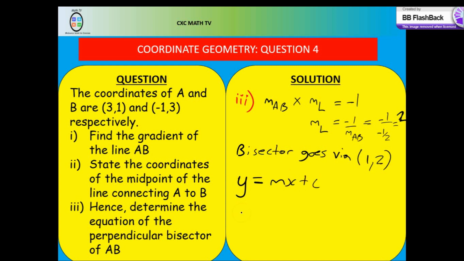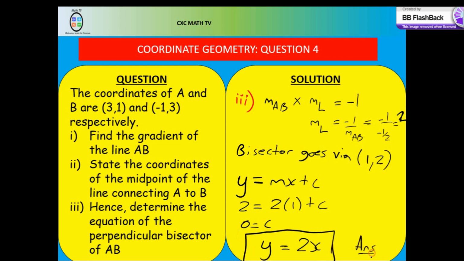The y value is 2, equal to the gradient, 2, times the x value, 1, plus c. Bring it over, 2 minus 2 is 0, so c is equal to 0. So therefore y is just equal to 2x. That's the equation of the perpendicular bisector. That's it. Nice.